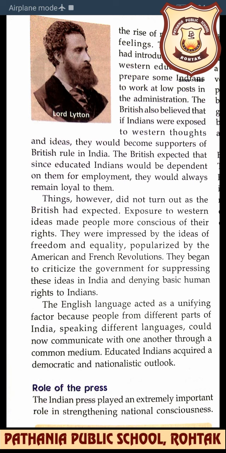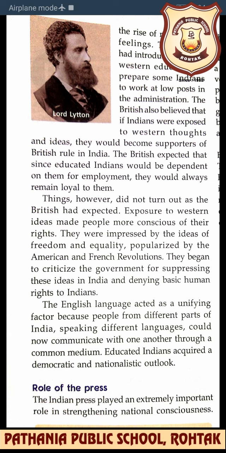Beta, about the French Revolution, you will study in class 9. Indian people were highly impressed by these revolutions, like how people of America and France revolted and got independence. They began to criticize the government for suppressing these ideas in India and denying basic human rights to Indians.